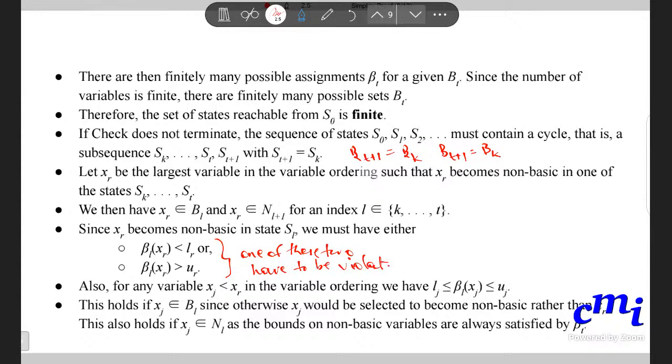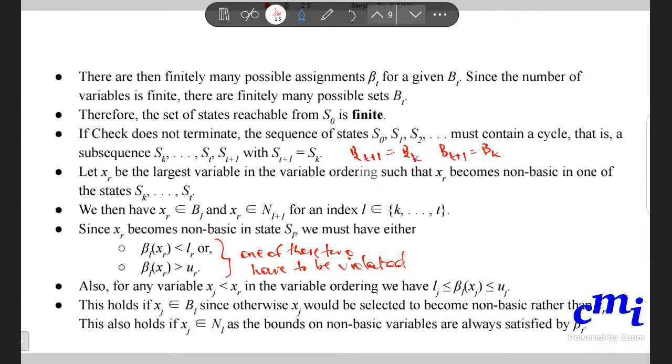Now there's one more observation: for any variable xj that is lesser than xr in the variable ordering, which comes before xr, its bounds are satisfied. There are two cases. Suppose xj is a basic variable.